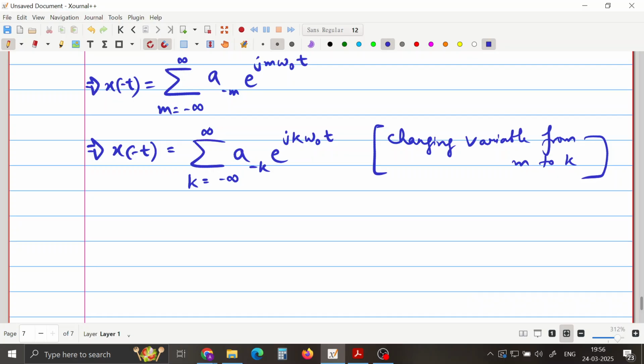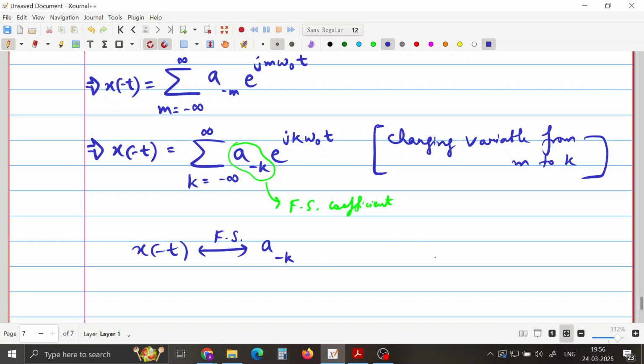Okay, now see, now what is the thing? So now this ak here, this is my Fourier series coefficient, because I am exactly in my exponential Fourier series form. So x of minus t has Fourier series coefficient a minus k.